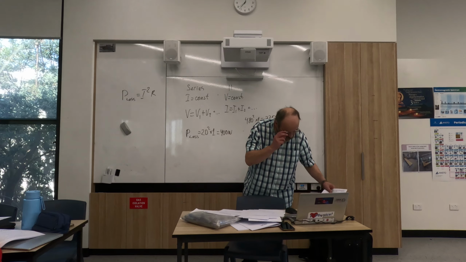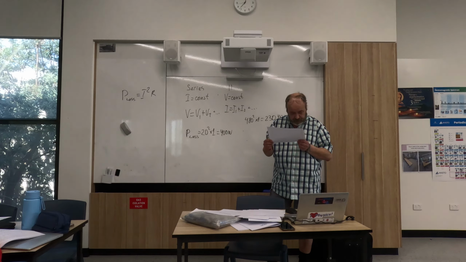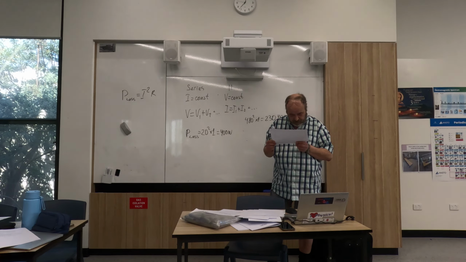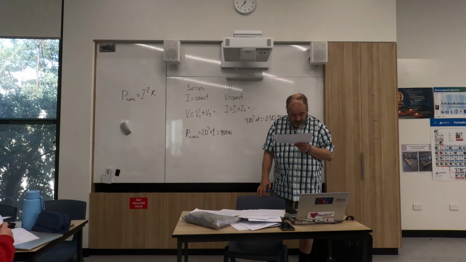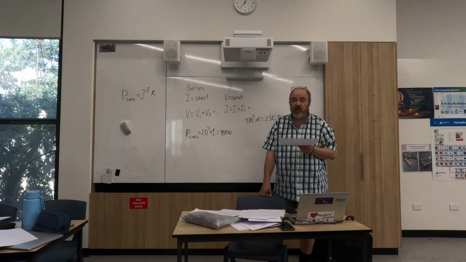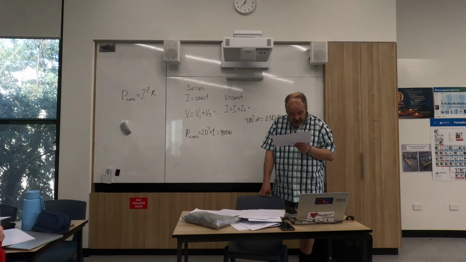Okay, next question where there were problems. Question 15. Actually, up to question 15, I was quite happy, probably because light was the last topic that we covered, so most of the people did decently.